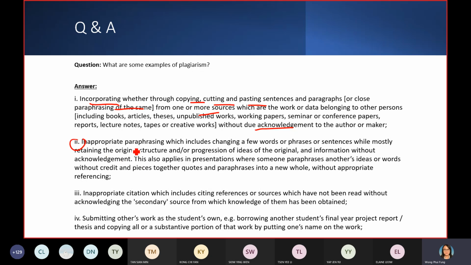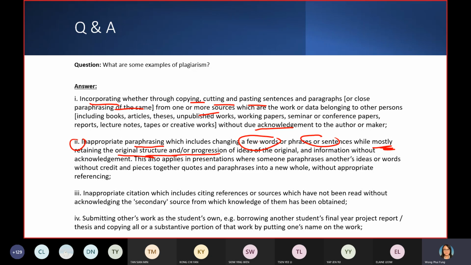In other words, inappropriate phrasing, which includes you only change a few words, a few sentences only, but mostly retain the original structure and the progressive idea. That is also plagiarism. That's why you score low marks, because you rely heavily on the article. So avoid the risk.